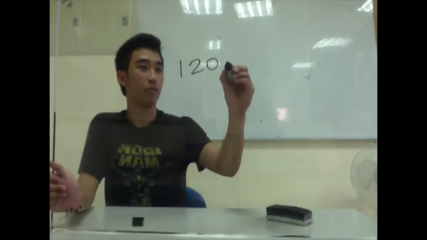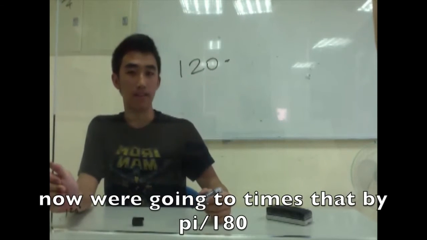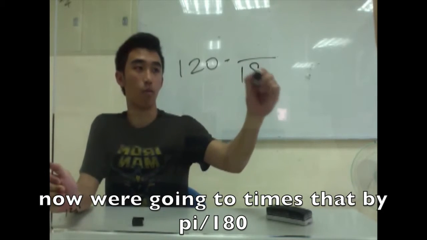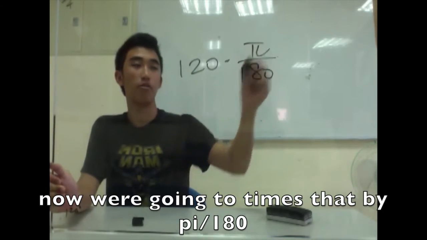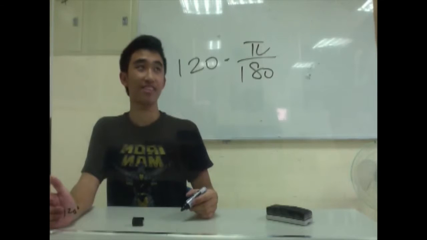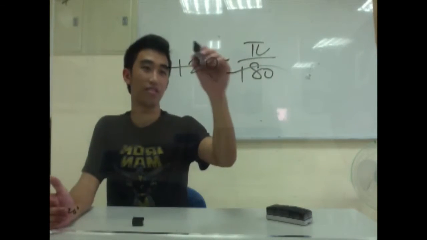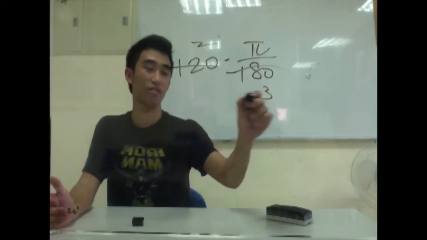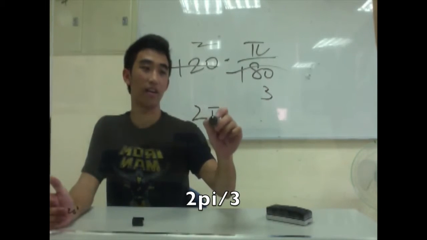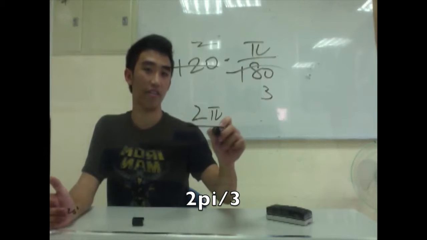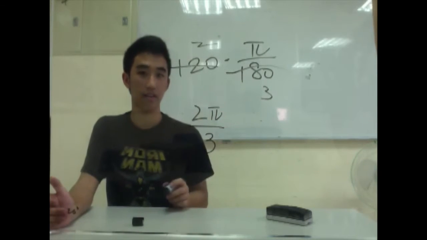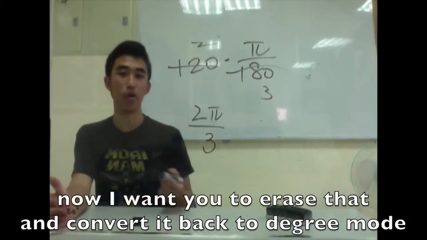Now we're going to multiply that by pi over 180. That will give us 2 pi over 3.